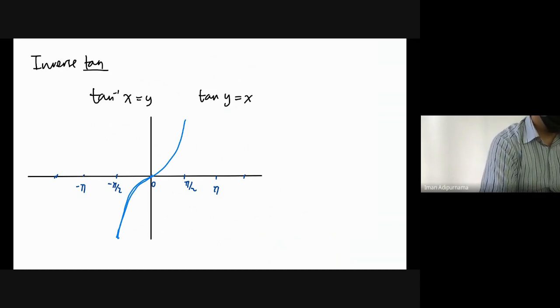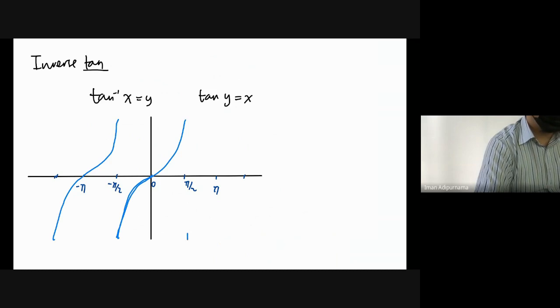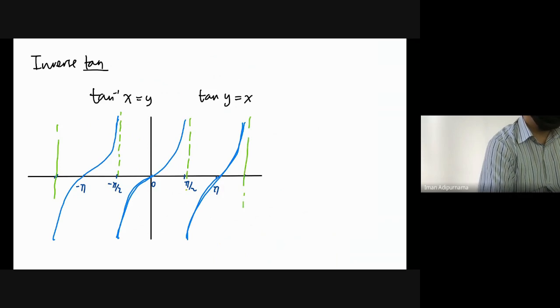And we will have several of them here, actually a lot of them. At every period, it will have the same property. They will have an asymptote here and there. It's not too smooth, but I hope you can understand from the graph here. So this is y equal tangent x.